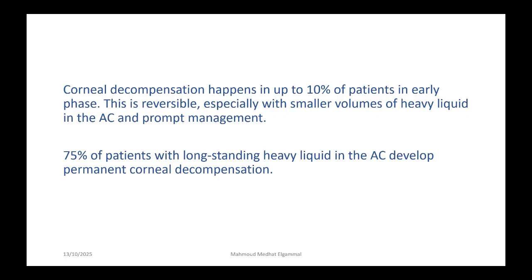In the early phase, corneal decompensation takes place in around 10% of patients, and this is usually reversible. And the reason I'm emphasizing that is, for a VR surgeon, you need a good view of the retina and a good view to operate. Having corneal decompensation in such an early phase, usually 1 to 3 weeks, makes your surgery really horrible and undoable.